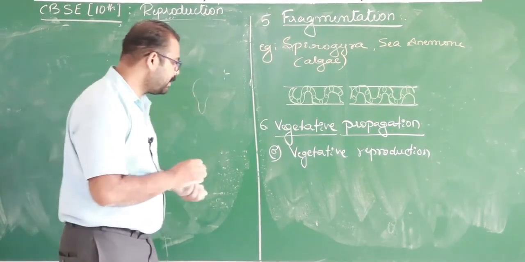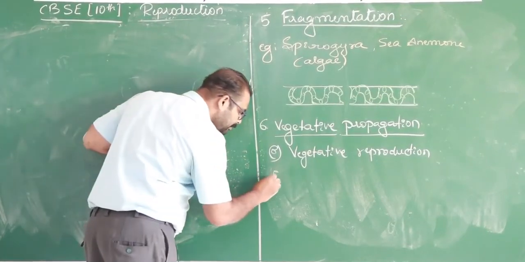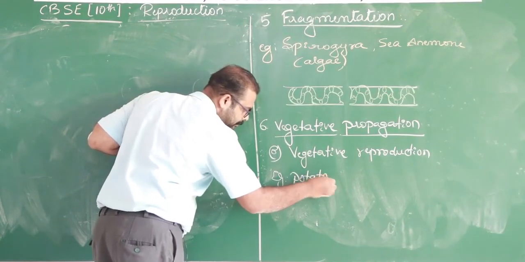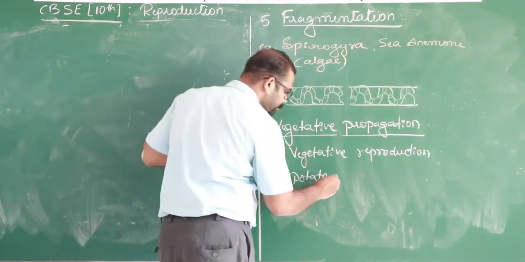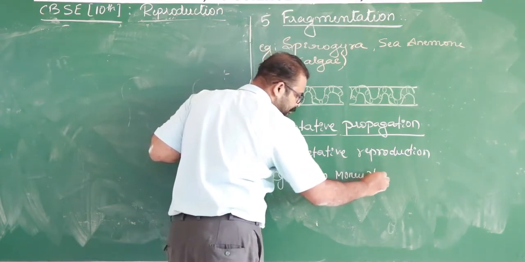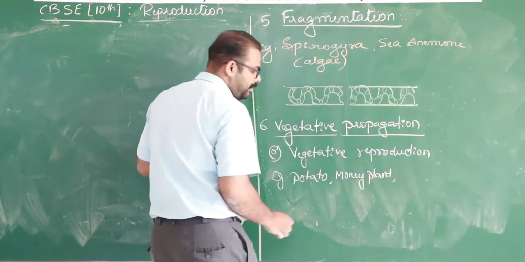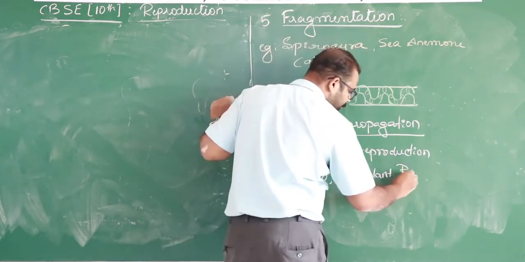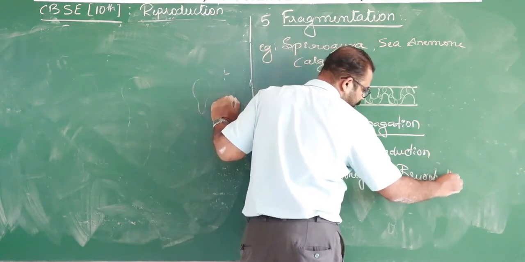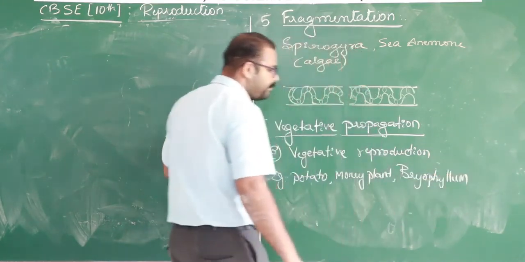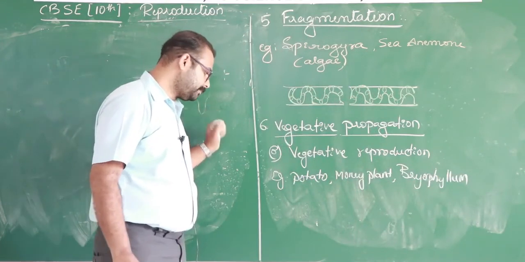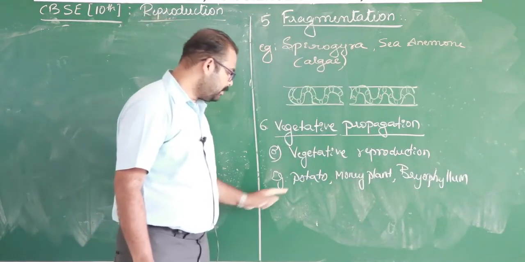Vegetative propagation can be seen in the case of potato, money plant, and one more, bryophyllum. Now let's see potato.